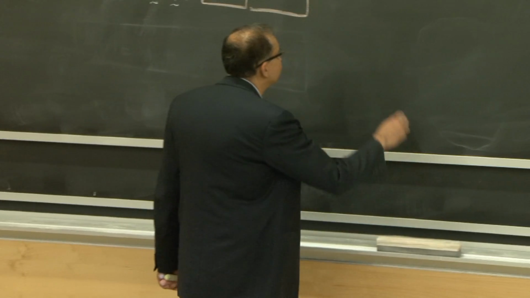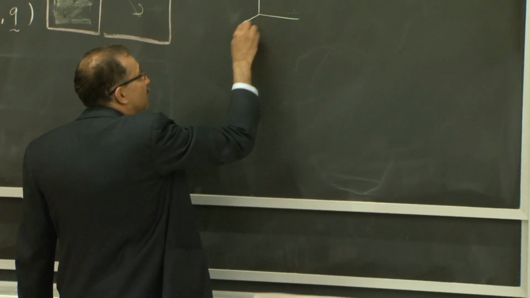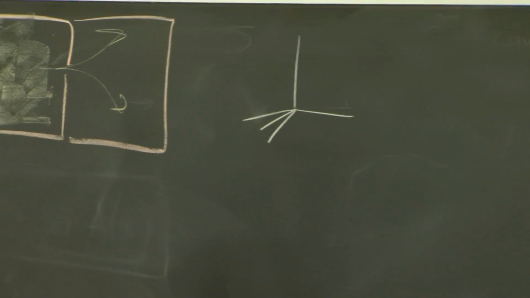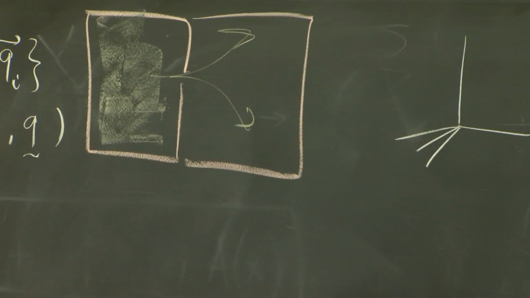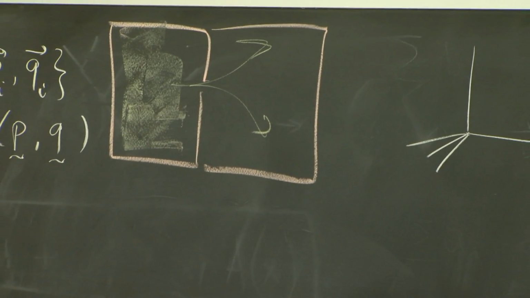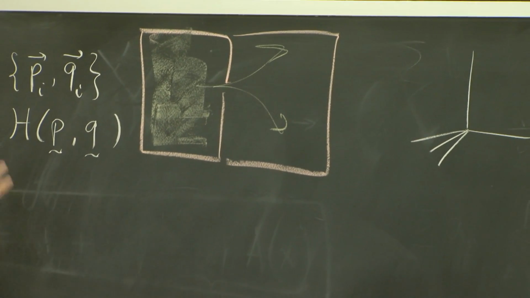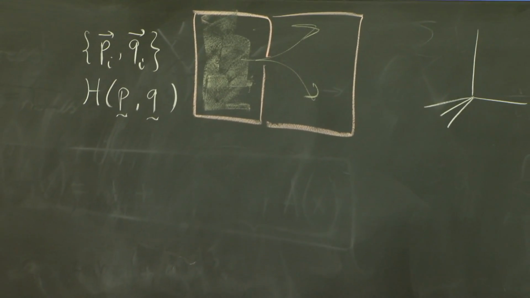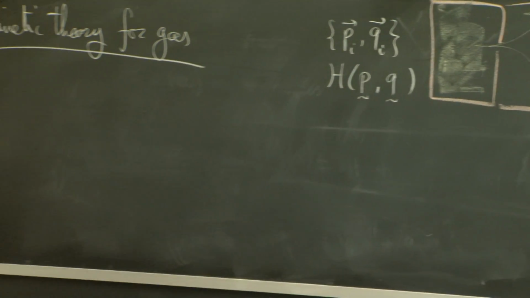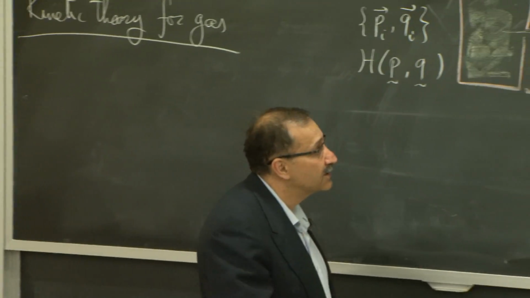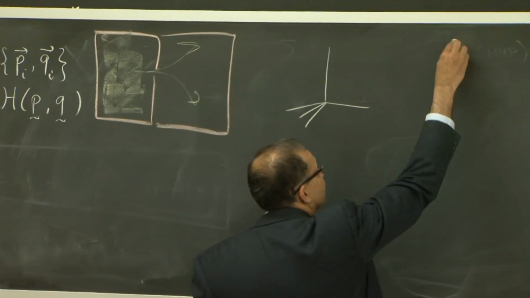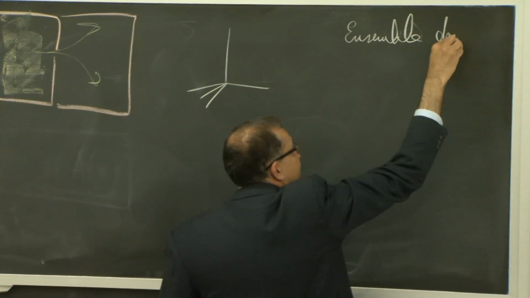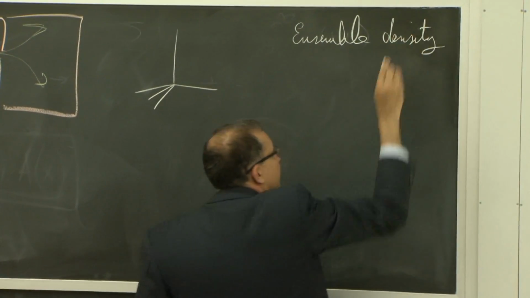So our first attempt in that direction was to say, well, I could start with many, many, many examples of the same situation. Each one of them would correspond to a different trajectory of P's and Q's. And so what we can do is to construct some kind of an ensemble average, or ensemble density first, which is what we did.